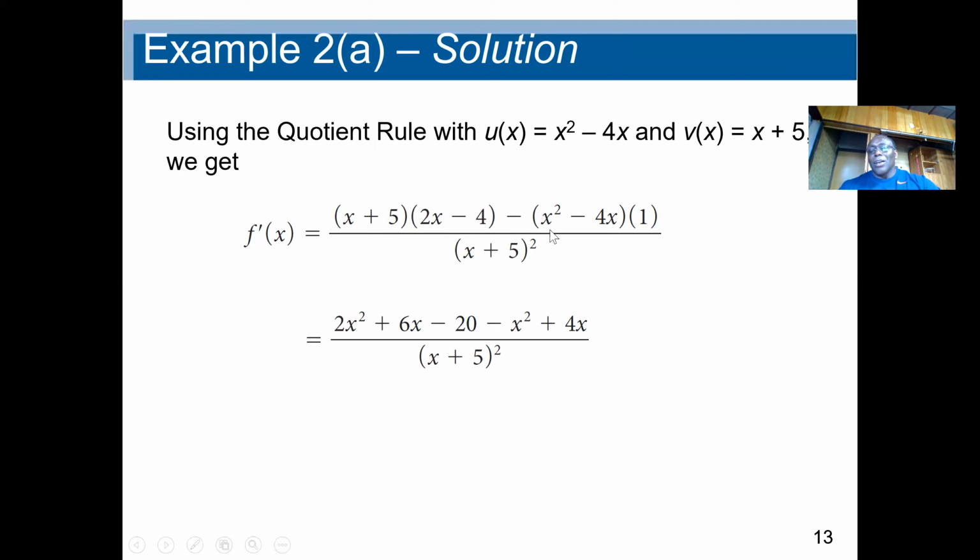Then 1 times x squared minus 4x will give me the same, x squared minus 4x. But here we have a negative, so the signs change. Negative x squared, positive 4x. Everything divided by x plus 5 all squared. Then we combine the like terms. 2x squared minus x squared will give me x squared.